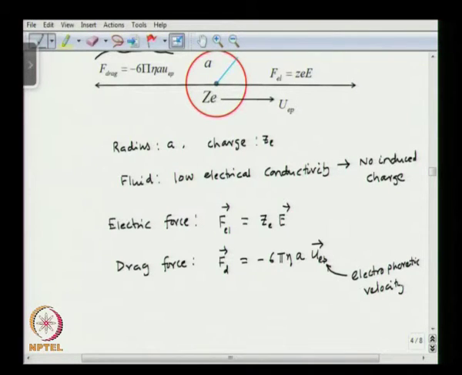Okay. So if the velocity is in the positive x direction, then the drag force will be in the negative direction. So this is given by the negative sign, okay.